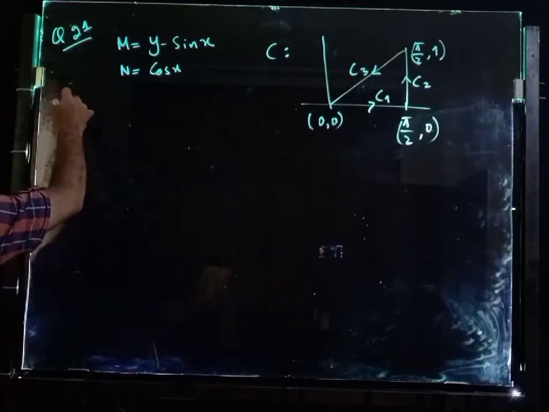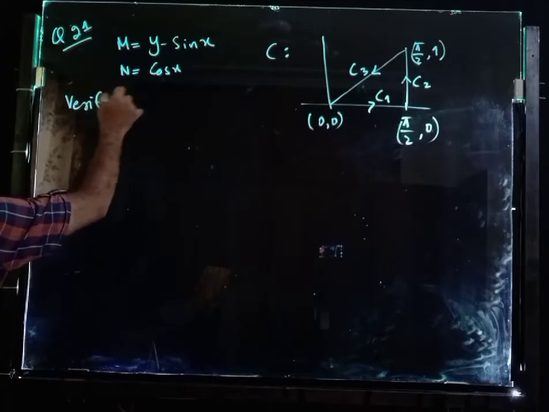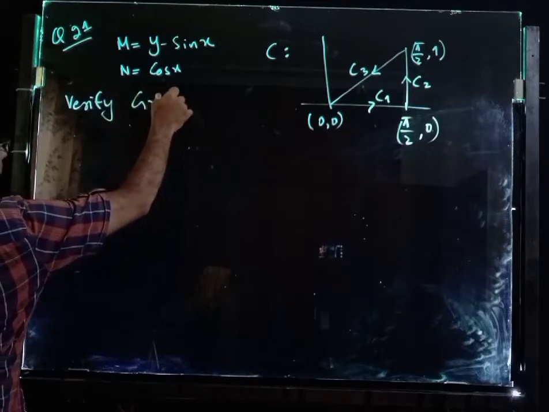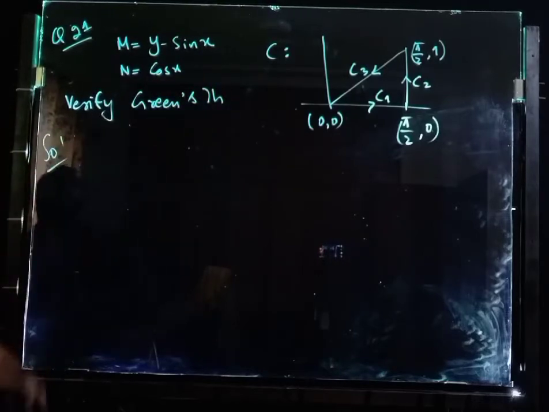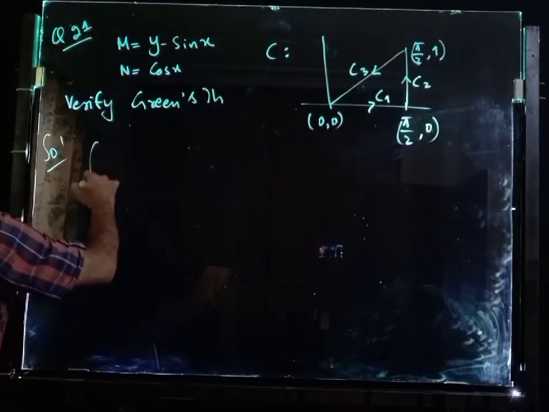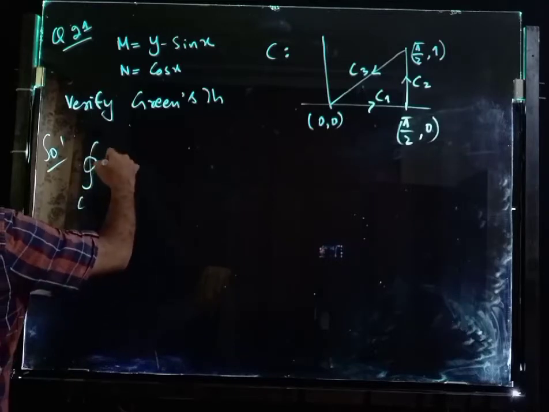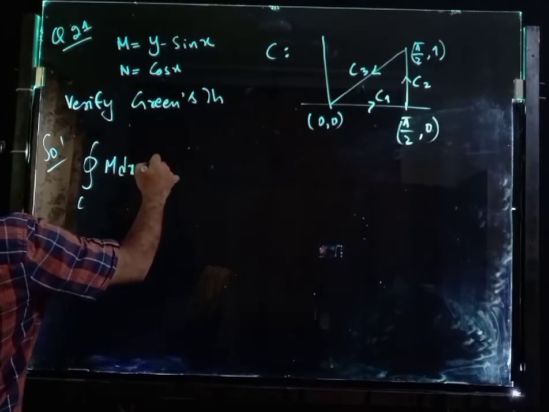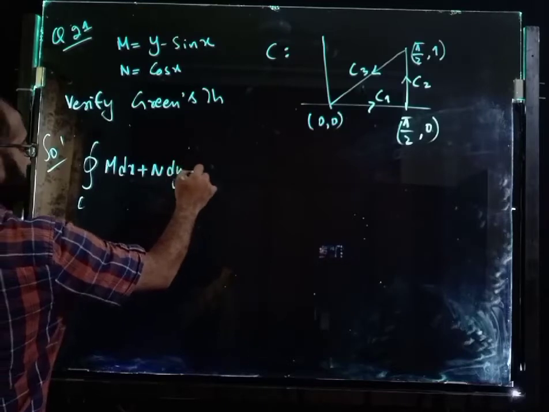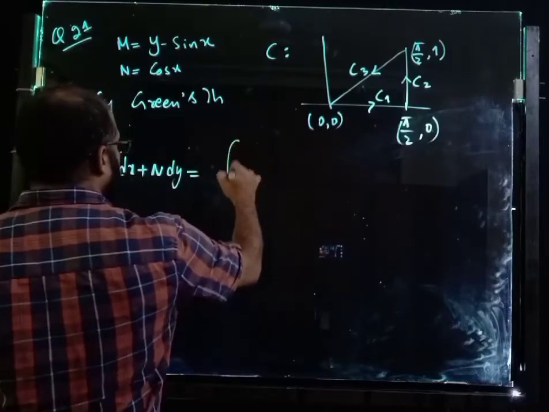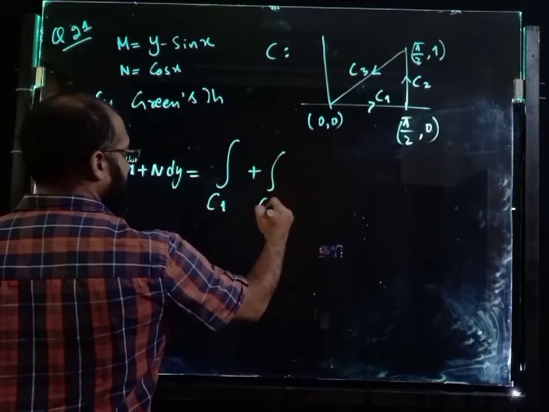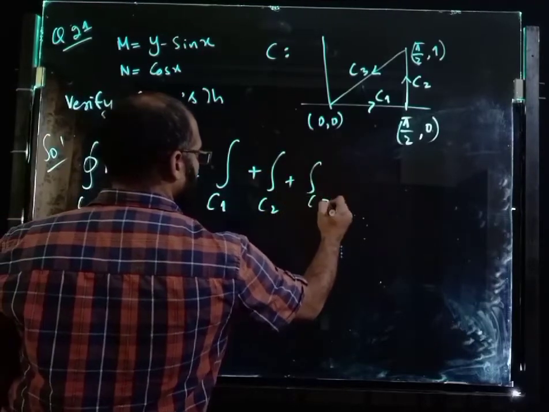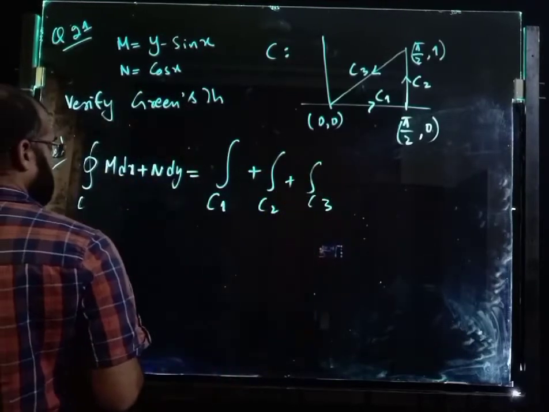So he says verify Green's theorem. So dear student, firstly I consider the integral along the closed curve C of M dx plus N dy, and I can integrate it along the curves C1, C2 and C3.